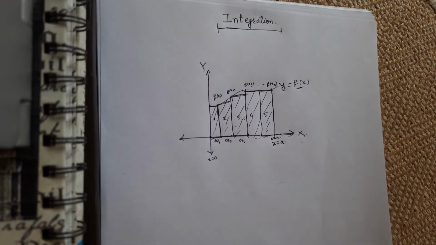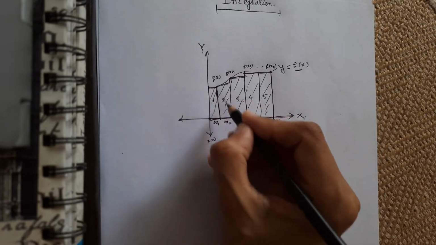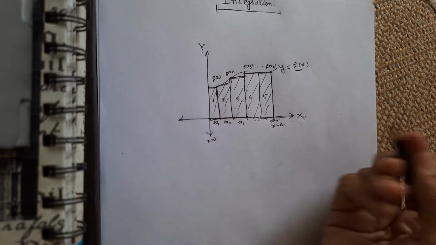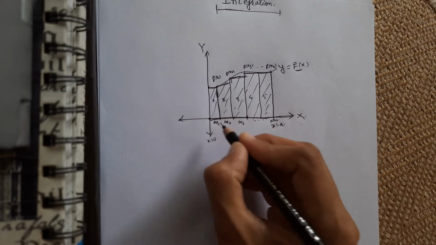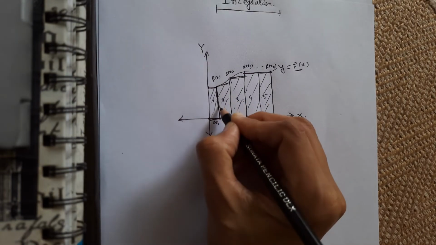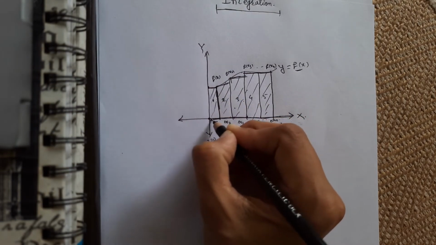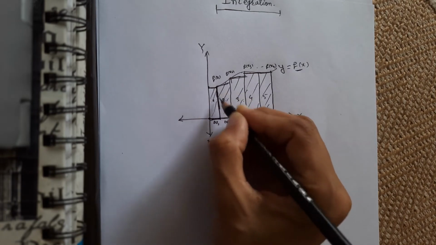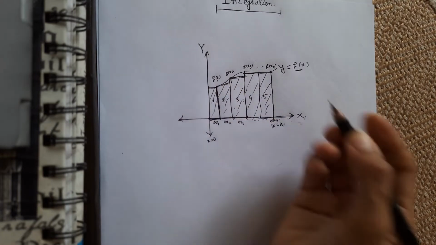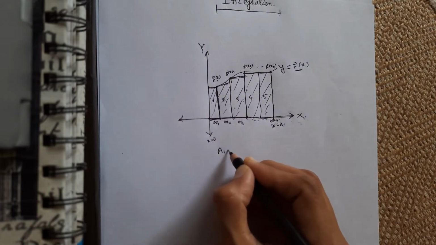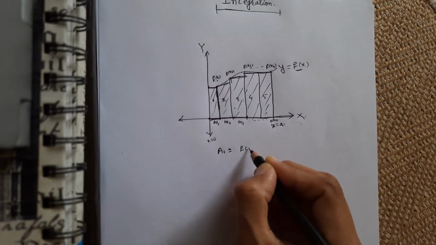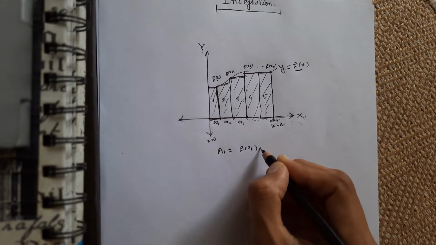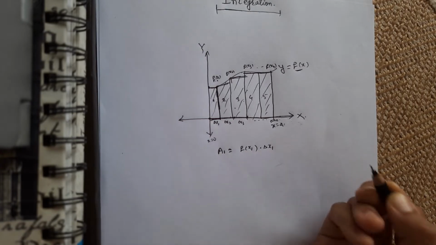Now if I want to find the area of a rectangle, we know that the area of a rectangle is length into breadth. This width is delta x1, and what is the value of this length? It is f of x1. So this area a1 I will write as f of x1 multiplied by delta x1.